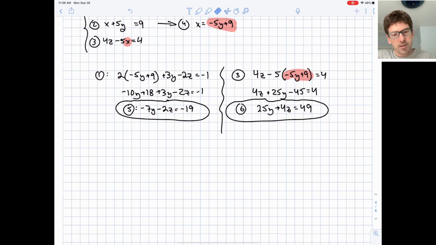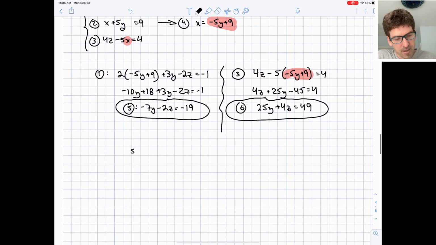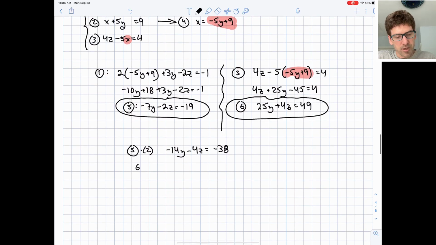So this is 5 times 2, and we get negative 14y minus 4z equals negative 38. And let's bring equation 6 down: 25y plus 4z equals 49. I hope you can see that we can add these two together. The z's will eliminate, and we'll call that equation 7.